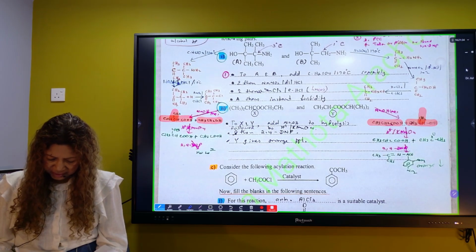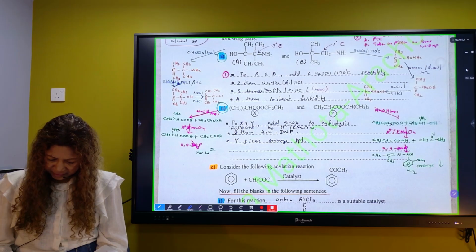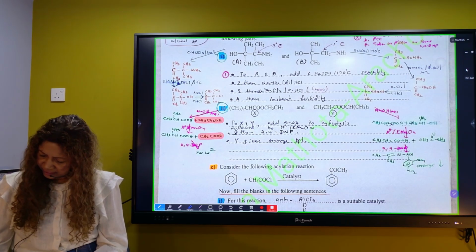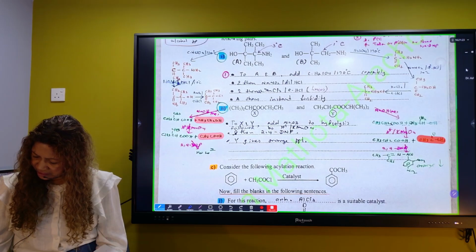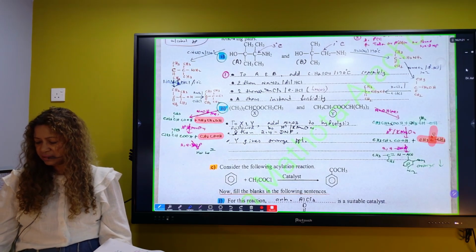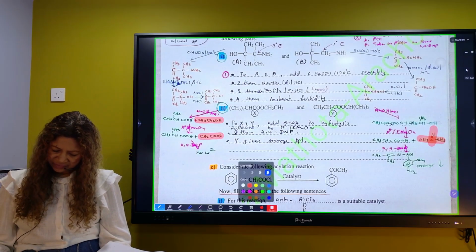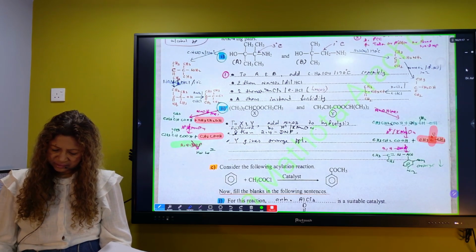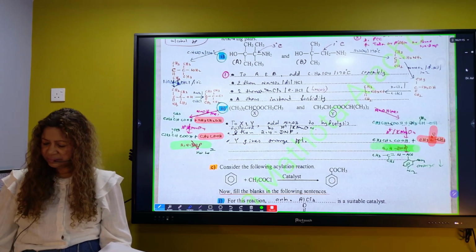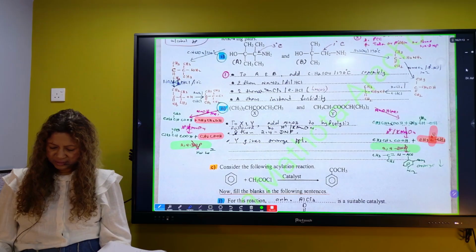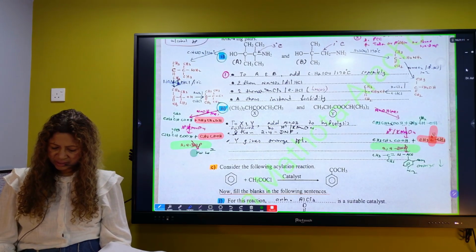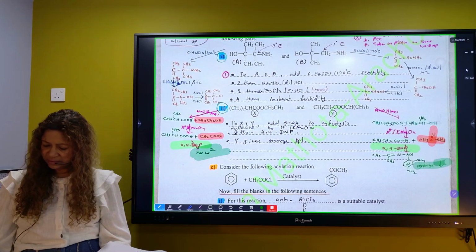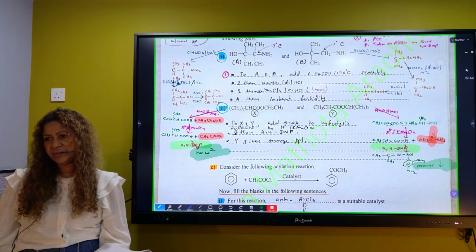So if you oxidize, this becomes CH3CH2COOH, CH3COOH. But here this is giving CH3COCH3, the secondary alcohol, and then react with 2,4-DNP. So no reaction here, but this side gives orange precipitate.